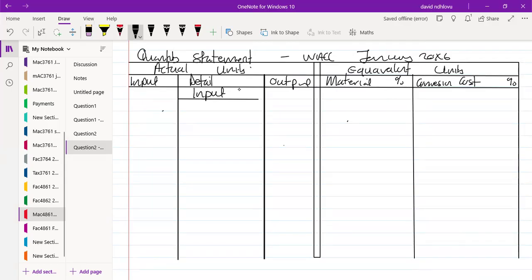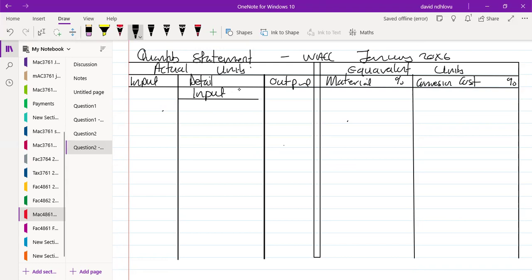When we are doing the quantity statement, we are doing that for the factory, looking at the quantities that we're dealing with.